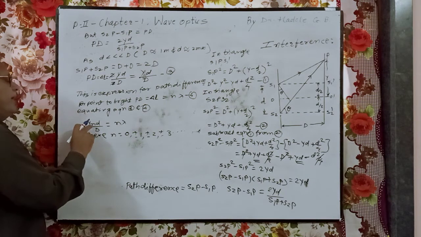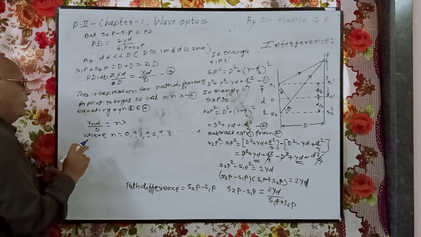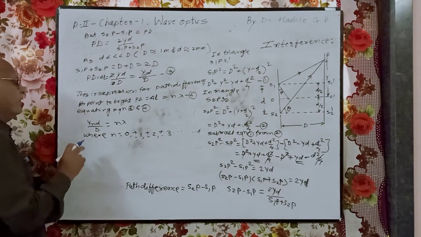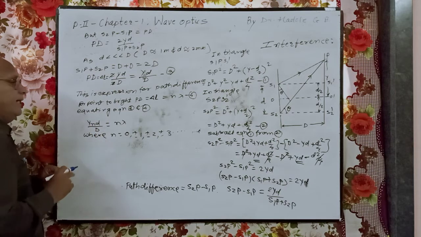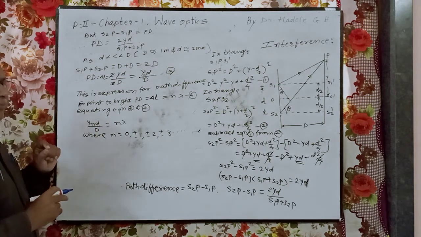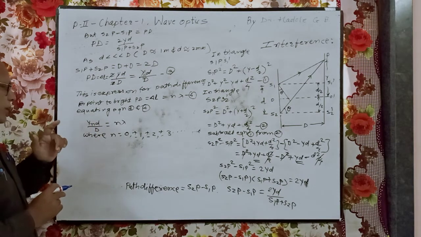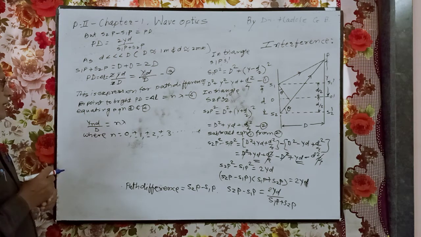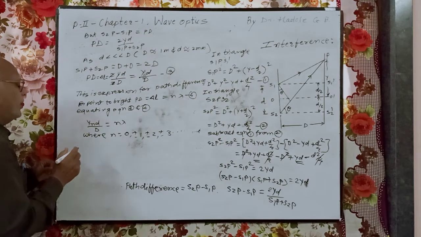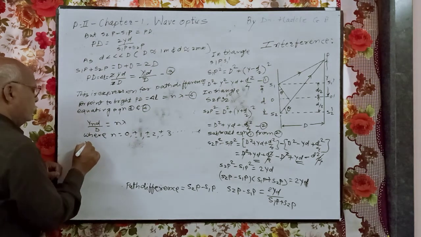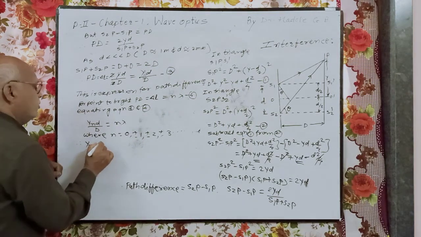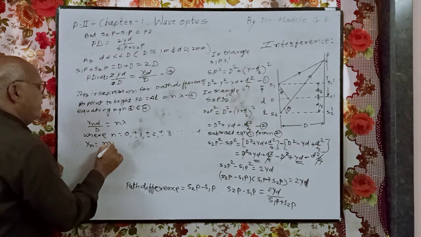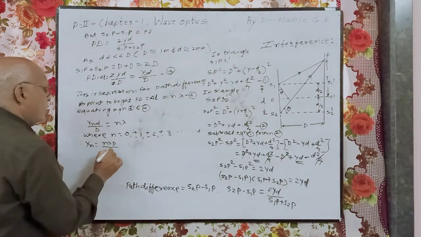Here n is any arbitrary point, and therefore we can say that Yn is the distance of the nth bright point from the central bright point, and therefore we write Yn equal to n lambda D upon small d.